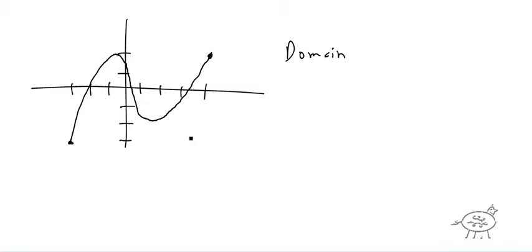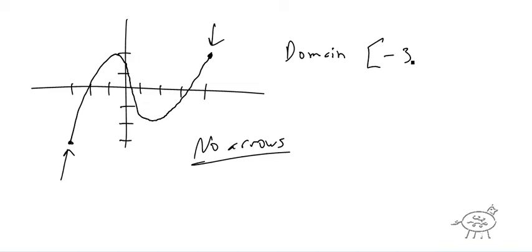Notice, math fans, there are no arrows. So that means the domain is the acceptable values of x. Here it gets down to x equals negative 3, and it gets up to 1, 2, 3, 4. So between negative 3 and 4, that's the domain.